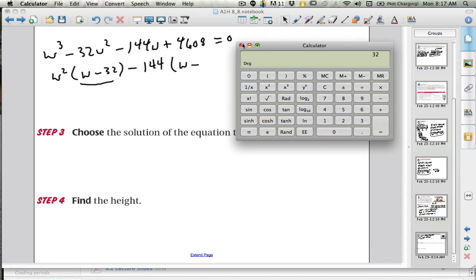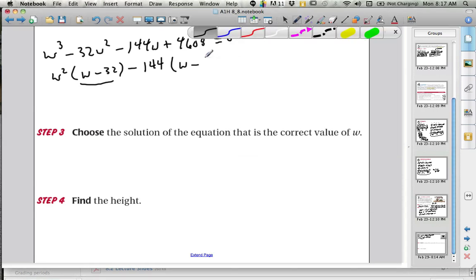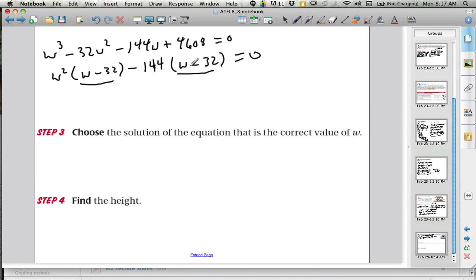And yes, it is. Okay, so what's helpful about this is I know that if I'm factoring something out of this second pair, the second group in this polynomial, the only way it helps me is if what I'm factoring out is this w minus 32. Okay, so it helps me to know what I'm supposed to do.